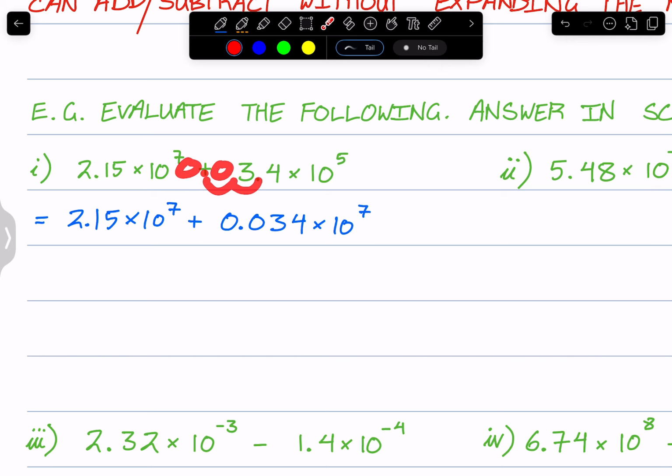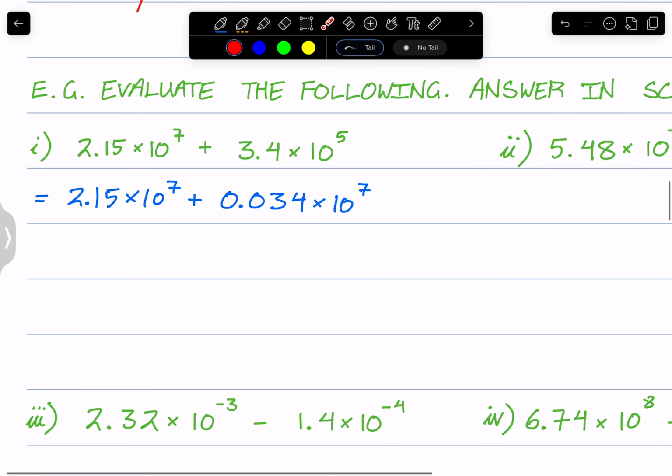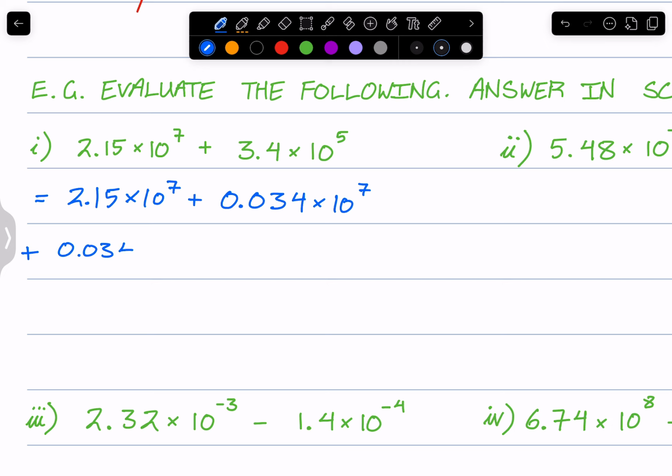So 0.034. Now, since they are both to the power of 7, we can line this decimal up underneath this one. So we're now going to add 0.034 times 10 to the power of 7.